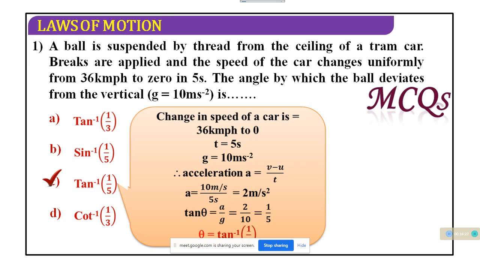The change of speed is from 36 km/h to 0, and g equals 10 meter per second square. 36 km/h equals 10 meter per second.